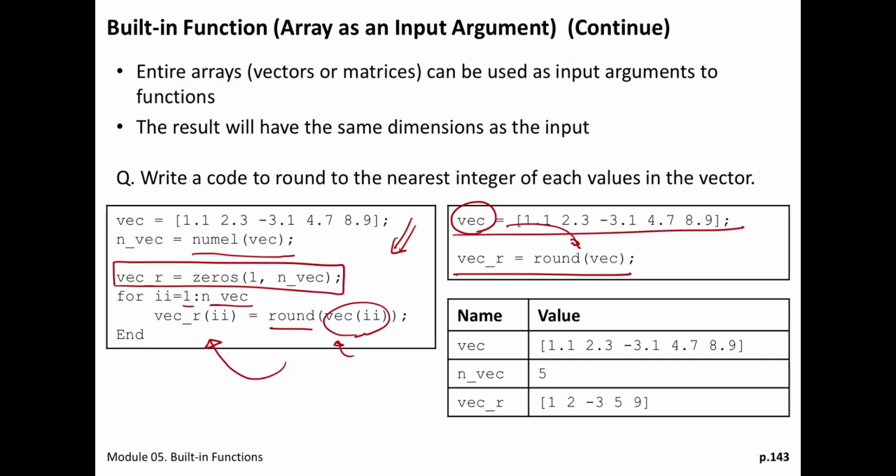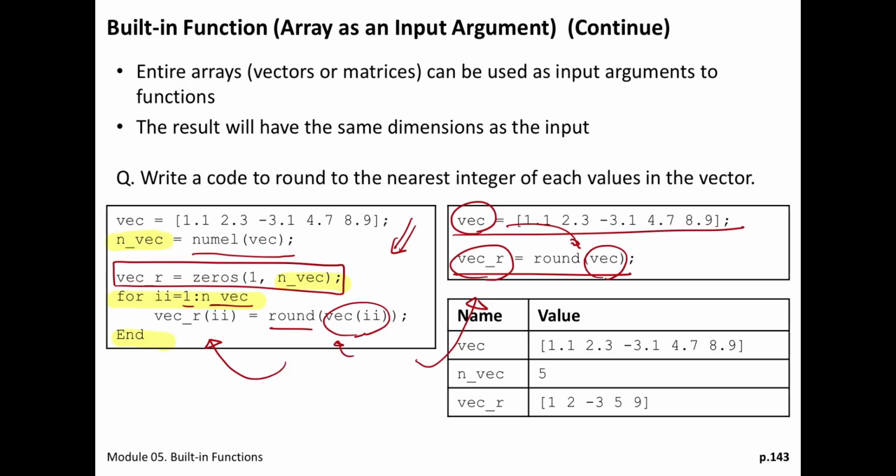In this case, the input and output dimensions are the same, so vector r has the same dimension. So we don't need to find the number of elements or this loop structure to get the vector r value. Remember that the point is that an entire array, vectors or matrices, can be used as an input argument to the function if the function supports those inputs.